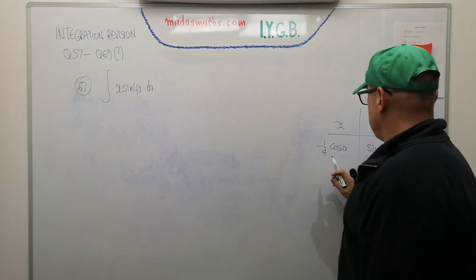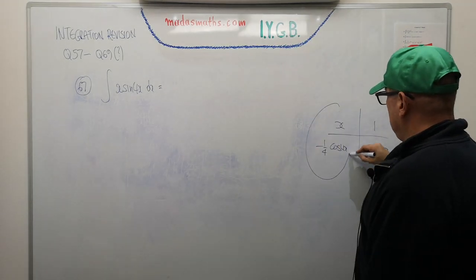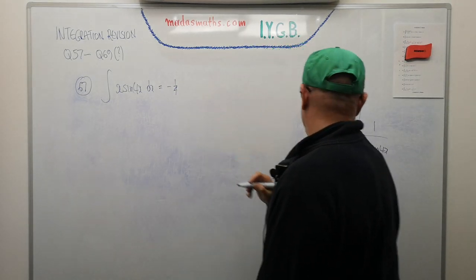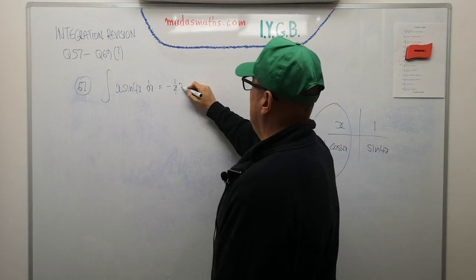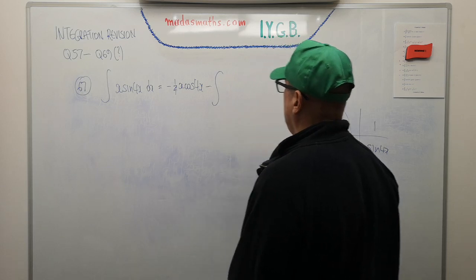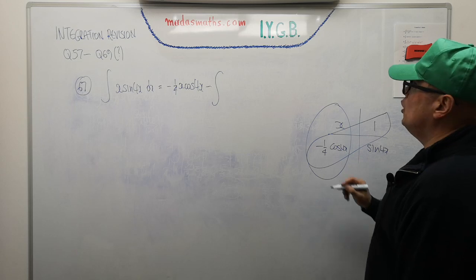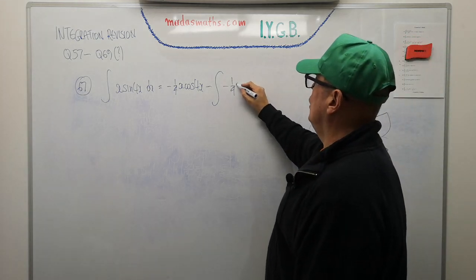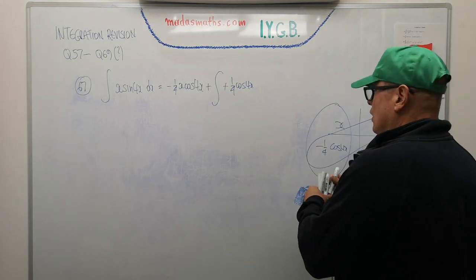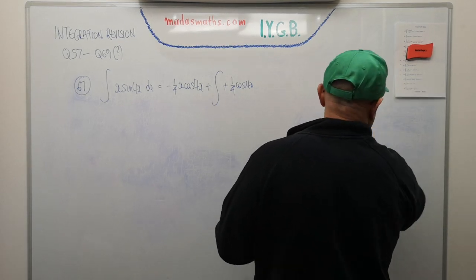And now, with integration by parts, the way I do it, this is equal to the product of this, so that's minus a quarter x cos 4x, minus the integral of the product of this diagonal, and that's going to be minus a quarter cos 4x. Switch that into a plus so we don't waste the line, and then we can just finish it off. We just got one more integration to take care of.